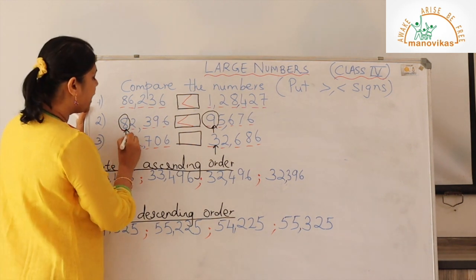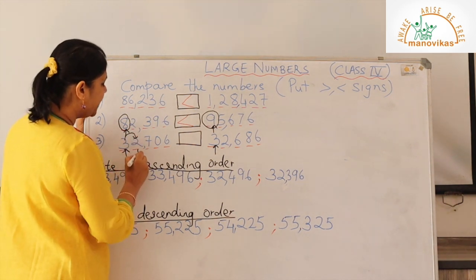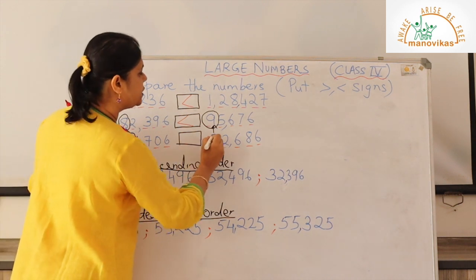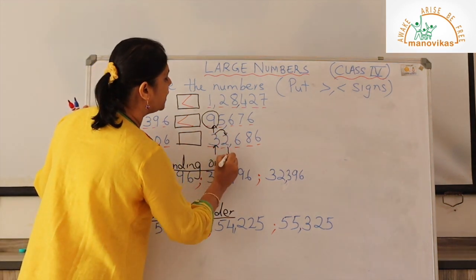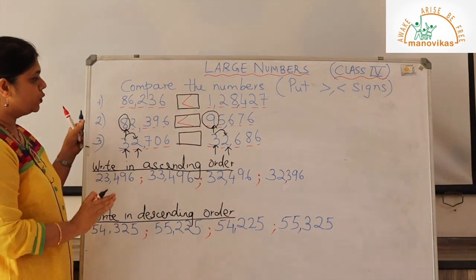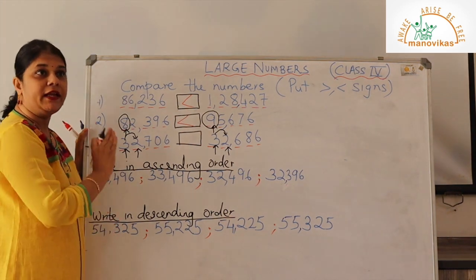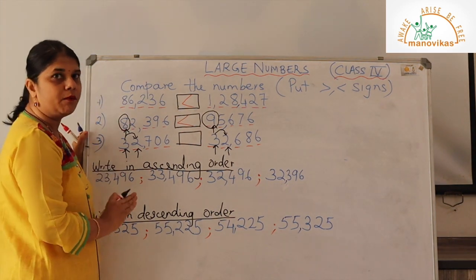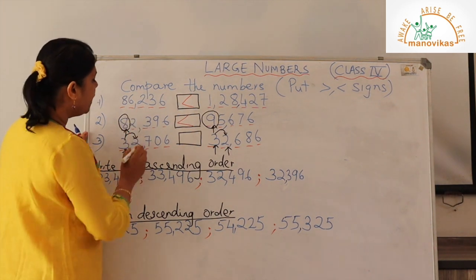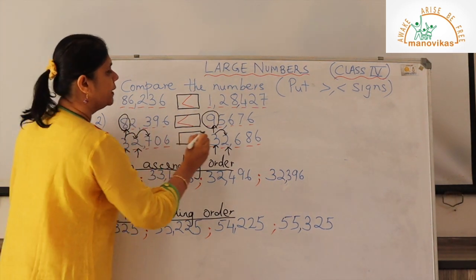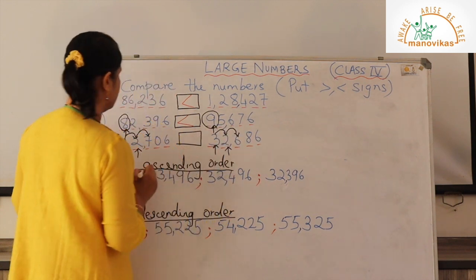We move to the right and check the next digit. The next digit here is 2 and here also it is 2. Again we cannot say which number is greater. So again we move towards the right and check the next digit.